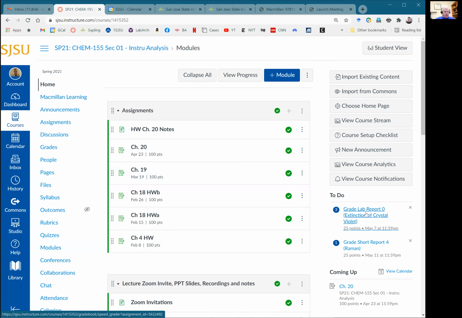There were 3 crystal violets that I returned and 1 Raman that I returned. They're basically just like the crystal violets, you just got to look at them again. There are some wacky answers, and I don't want to take off points for magnitude errors. And then the short report here, I'll show you the questions and answers.